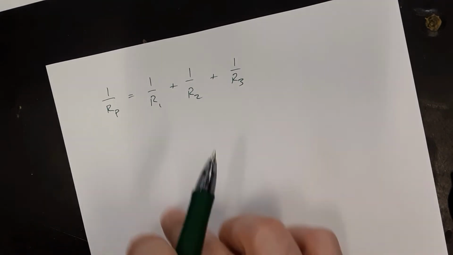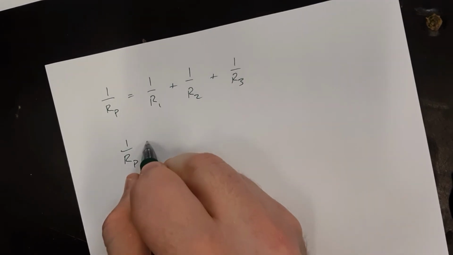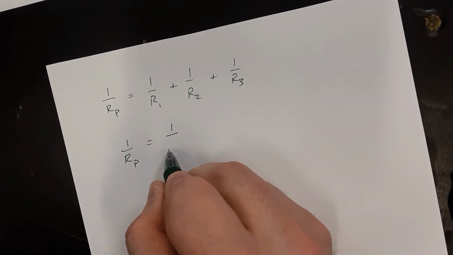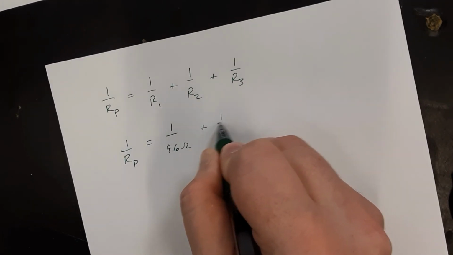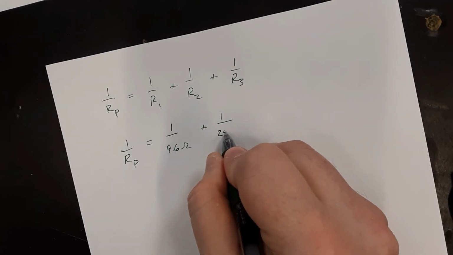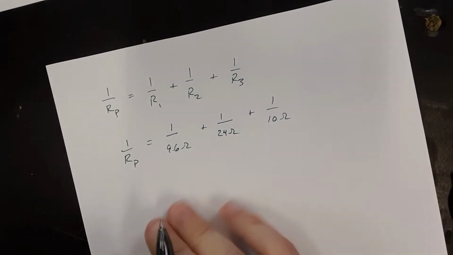So we'll step through it. 1 over parallel resistance is going to be 1 over 9.6 ohms plus 1 over 24 ohms for R2 plus 1 over 10 ohms for R3.